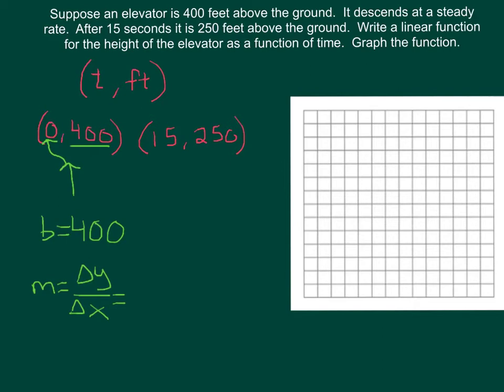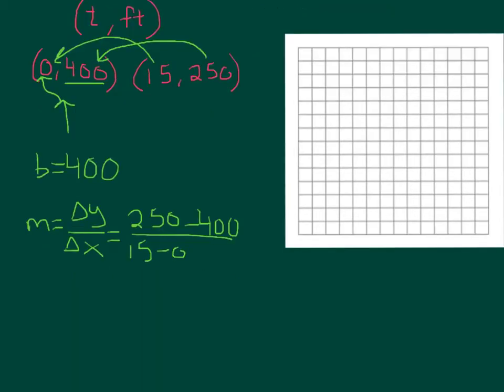So we want to look at the difference between 250 and 400: 250 minus 400, divided by the change in the x values, 15 minus 0. Which equals negative 150 divided by 15.